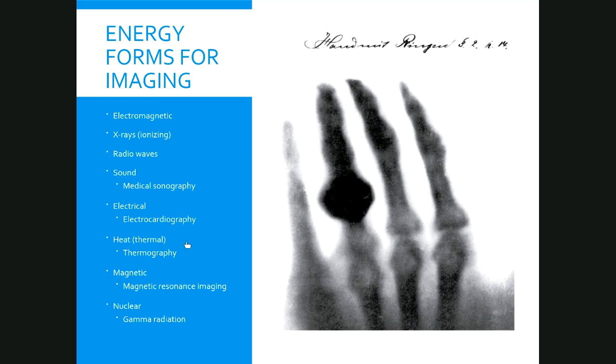We have magnets that are used with the radio waves. Magnets and radio waves are used in magnetic resonance imaging. They align the cells in the body. Now, MRI is also not ionizing because it uses the radio waves and the magnet.